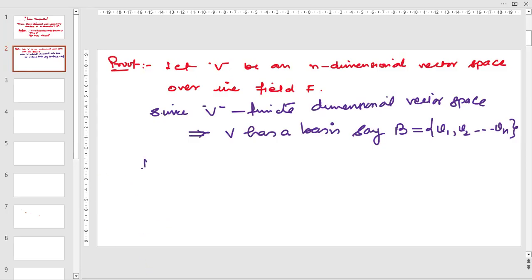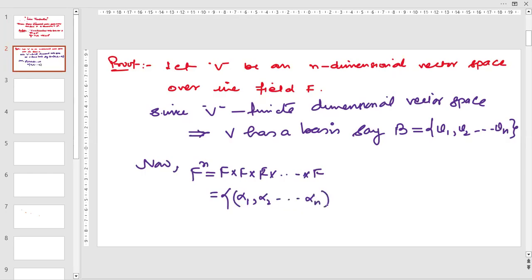Now let us define. Fn is nothing but F cross F cross F, n times, and this is going to be the set of tuples (alpha 1, alpha 2, and so on, alpha n), such that each alpha i belongs to F for all i equal to 1, 2, up to n.